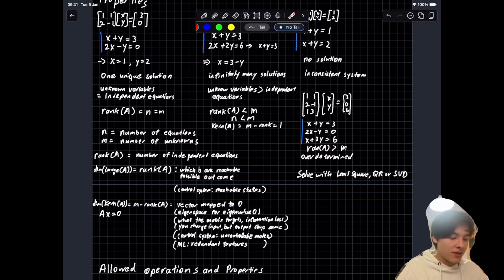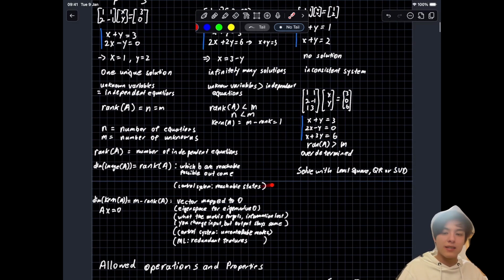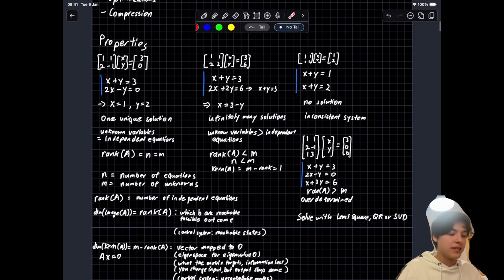We can see the rank is larger, so it's overdetermined. Both we should be able to solve with least squares, QR, or SVD, singular value decomposition. So let's actually look at some of these.